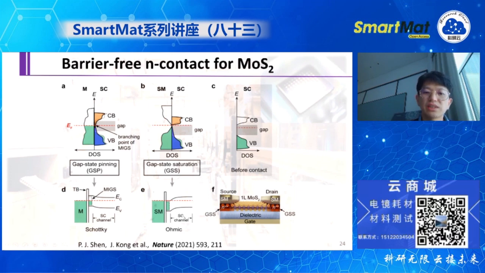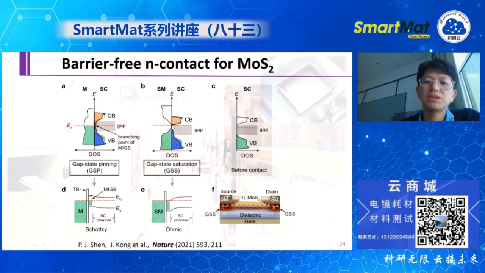Bismuth is a semi-metal, so it has a Dirac-like profile in density of states. Owing to this, there is a zero density of states in the middle part of the semi-metal bismuth. Those align very well to the conduction band.